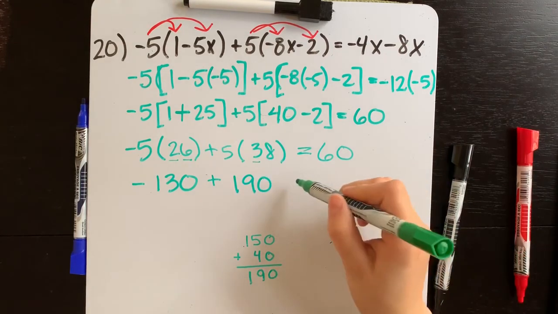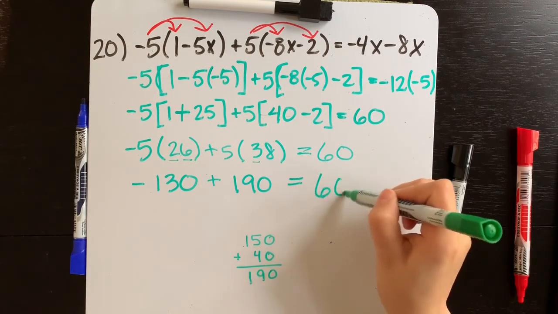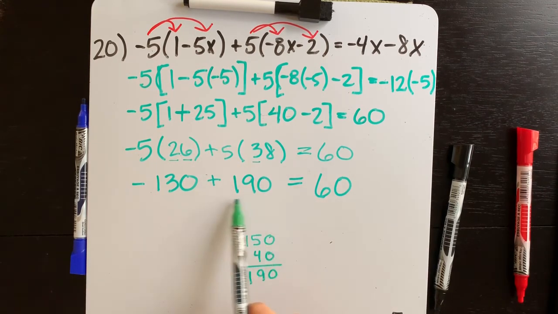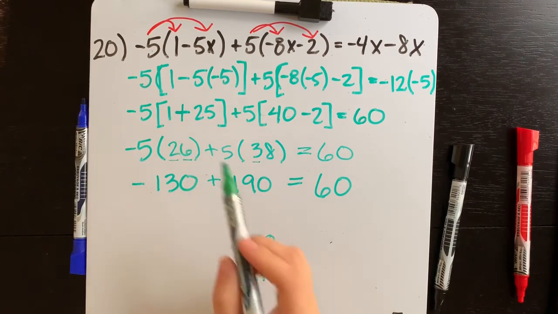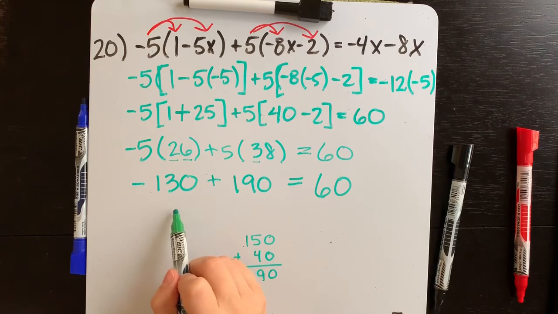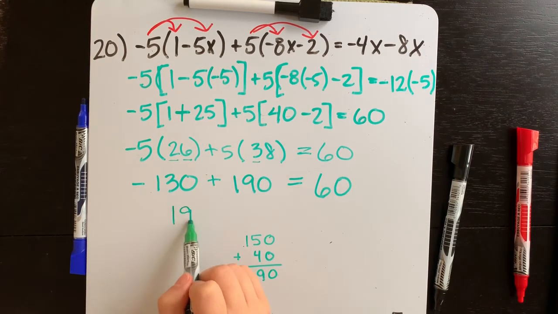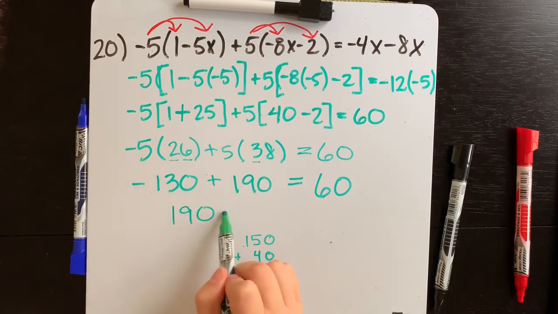Okay, equals 60. Okay, so notice how we do have a negative and a positive, and that this number, the positive, is actually bigger. So if I were to rewrite this, we'll see that it looks like a familiar problem. So if I write this in front, it's positive, so 190, and it's negative.